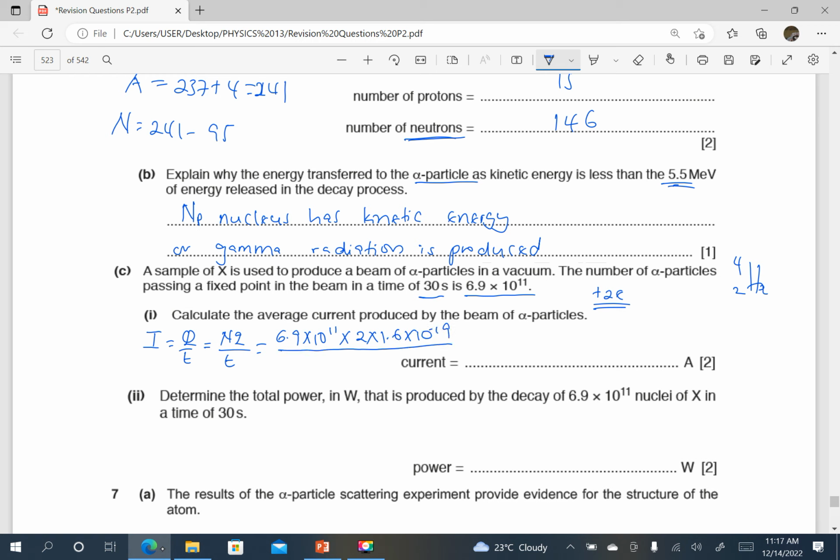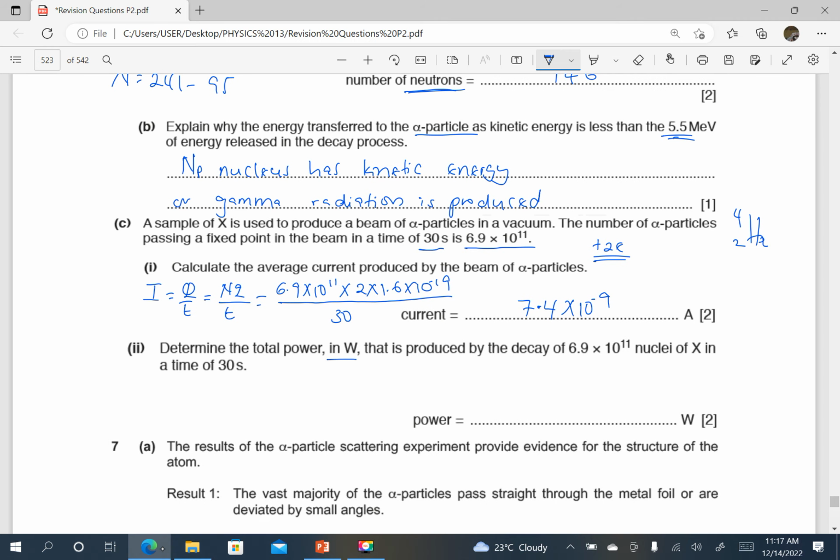This is divided by the time, which is 30 seconds. From my calculator, this is 7.4 times 10 power negative 9.